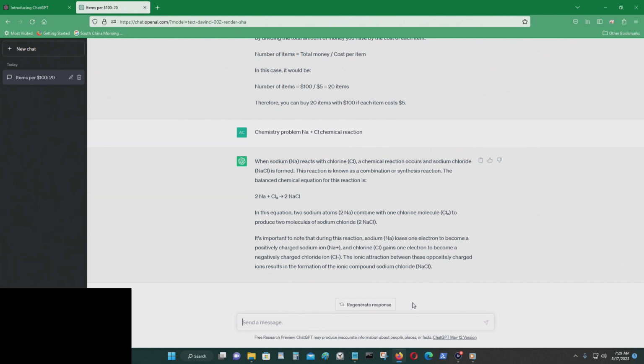Yes, you even got the balancing equations right. Chlorine is Cl2, that's correct. If sodium and chlorine react, you get NaCl. You have 2 NaCl. That's correct, because this is 2, that's 2 sodium. Correct.